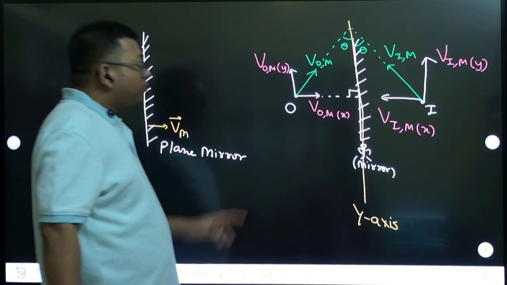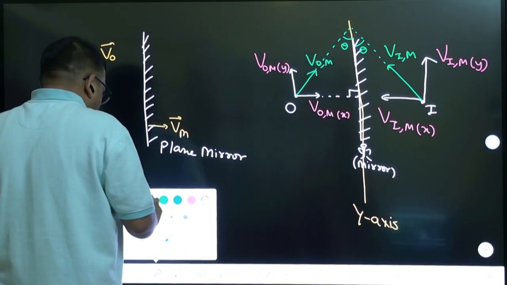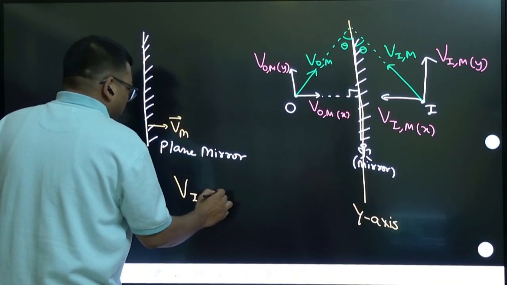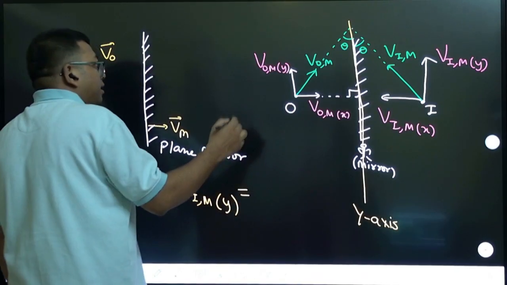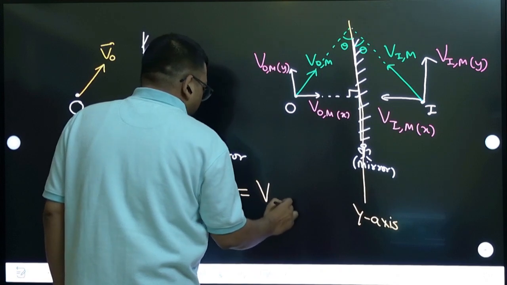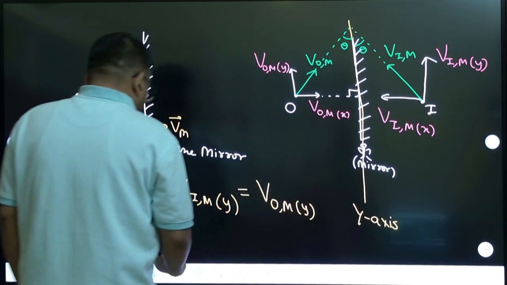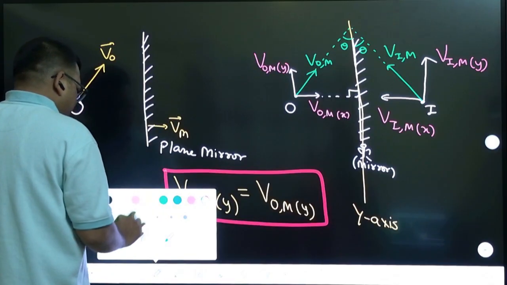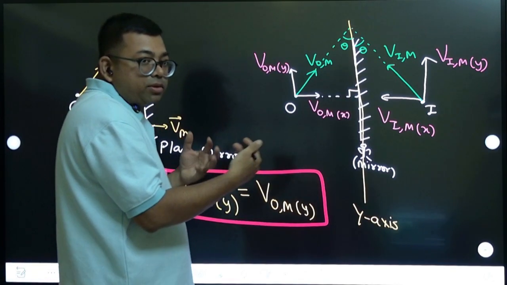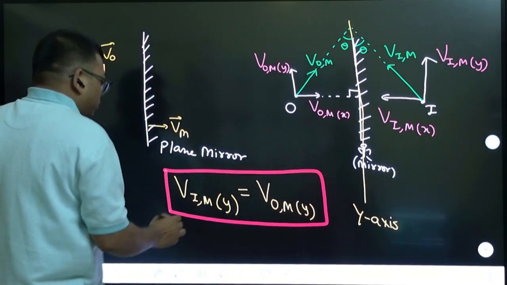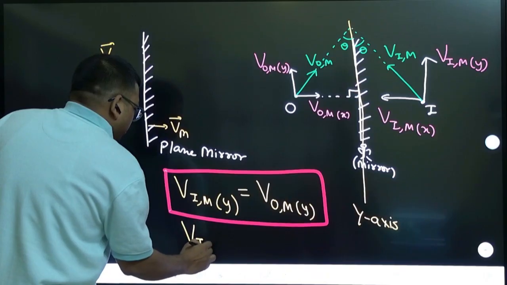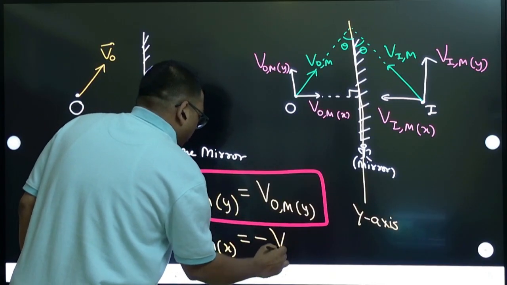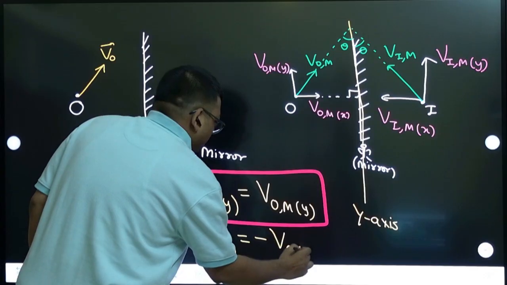What we need to note is that the y component of velocity of image with respect to mirror is exactly the same as the y component of velocity of object with respect to mirror.